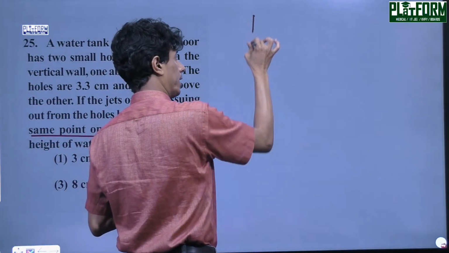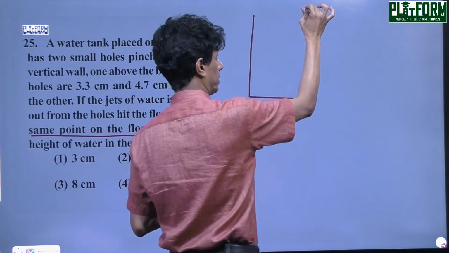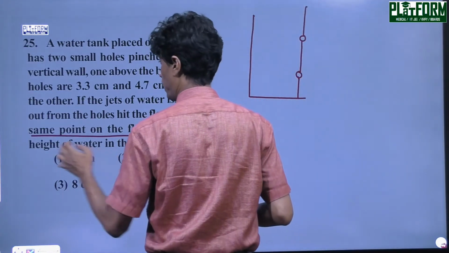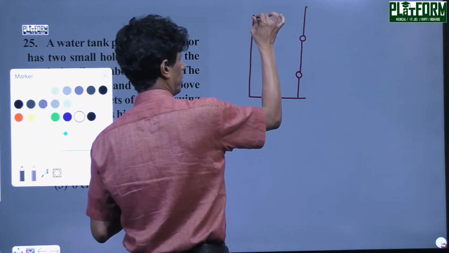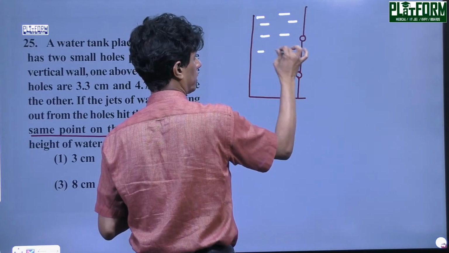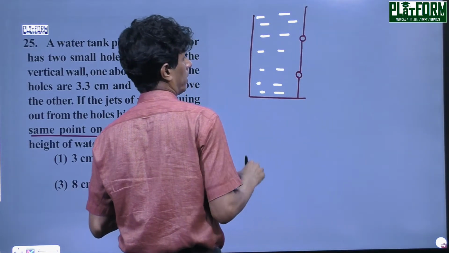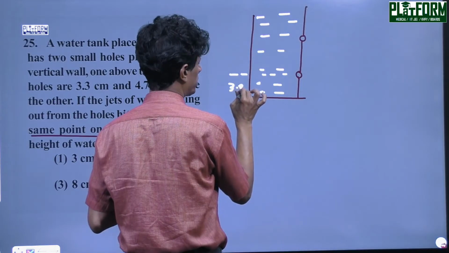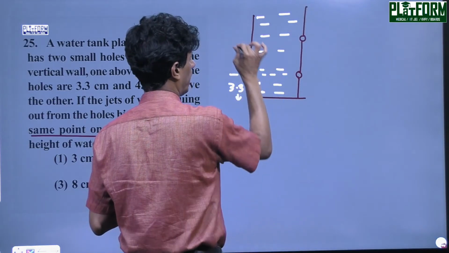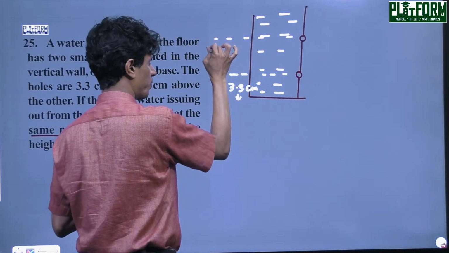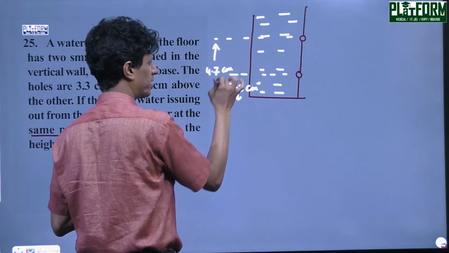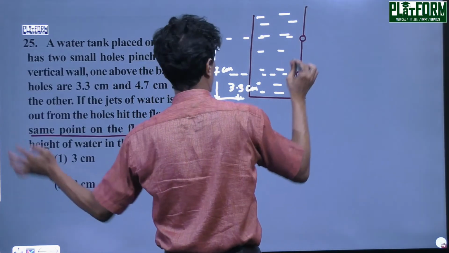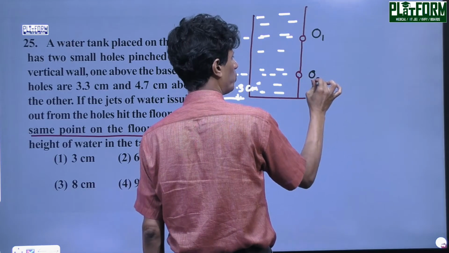so one container contains some water, and the height of this orifice is 3.3 centimeter, and the height of the other orifice is 4.7 centimeter from the base. Let us say the orifices are O1 and O2.